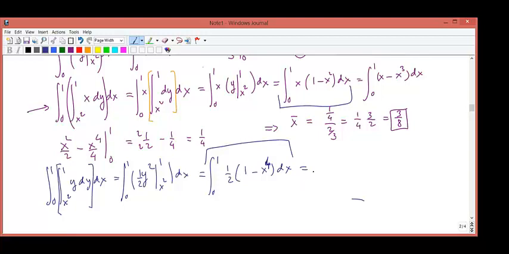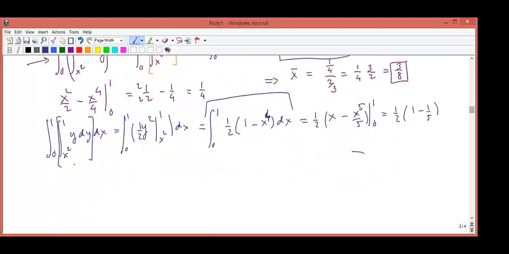So, next step, easy. We can take the 1/2 out and then integrate the inside. The first term will become x, the second term will become x⁵ over 5, integrated between 0 and 1. Therefore, 1/2 times (1 minus 1/5), which is 4/5, and then we can nuke one of the 2's, so 2/5.